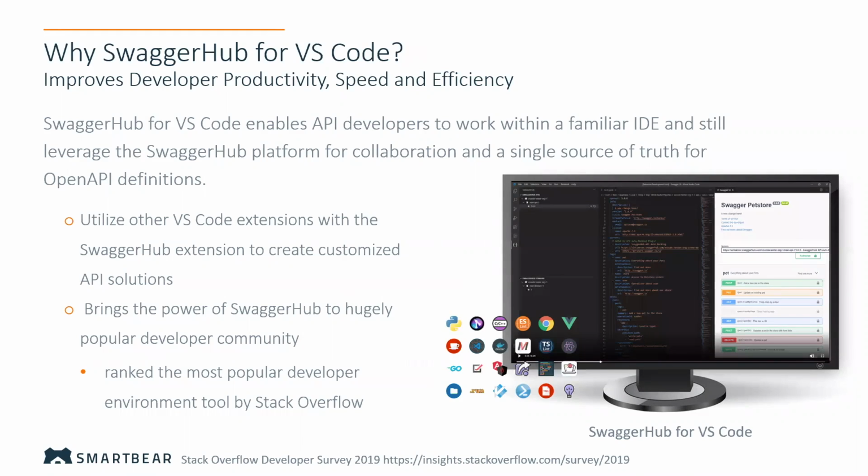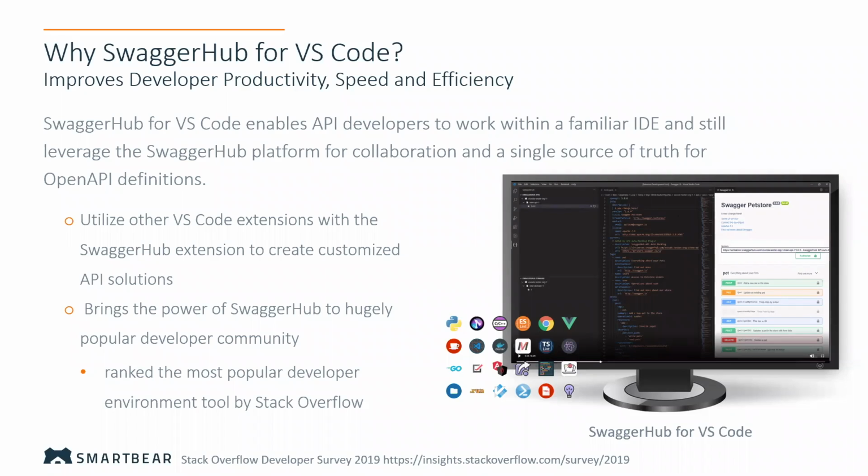And this is where VS Code came into play. It is the most popular IDE for developers today, especially front-end JavaScript developers. So it's a tool that many people are comfortable using today.